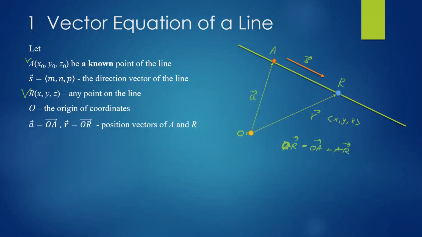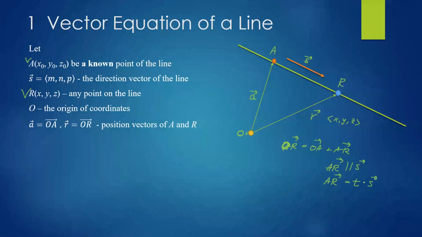Remember that we could do this even without knowing where these points are. It's purely mechanical. From O to R, we could get, first of all, from O to A, and then from A to R. And then we remember that the vector AR is, in fact, collinear to the direction vector S, maybe in the same direction, maybe in the opposite direction, but that meant that the vector AR could be written as some number t times the vector S.